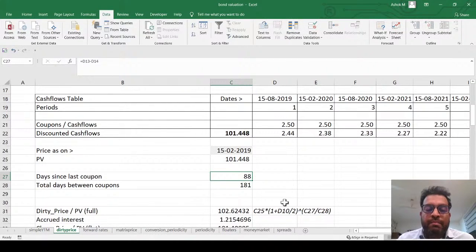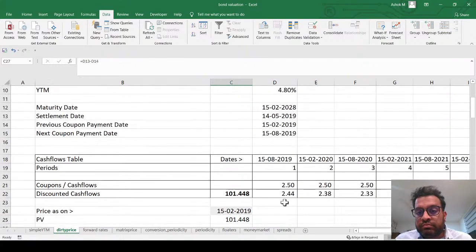But sometimes the day convention will state 30 by 360. 30 means every month in the calendar year has 30 days, whether it is February, March, July, August or December. So if it is 30, you have to do from 14th to 30th.